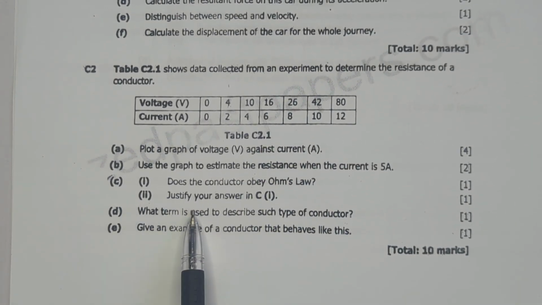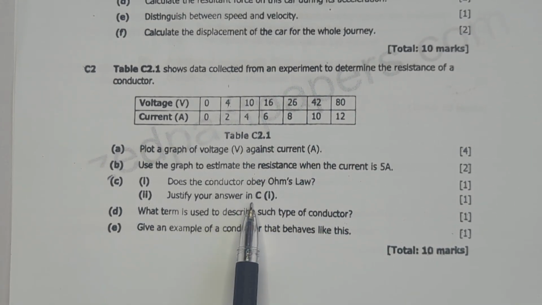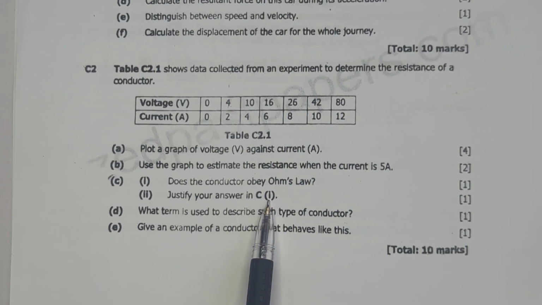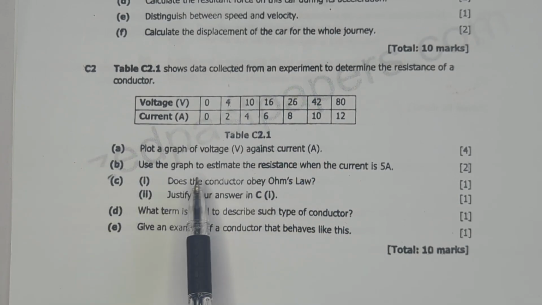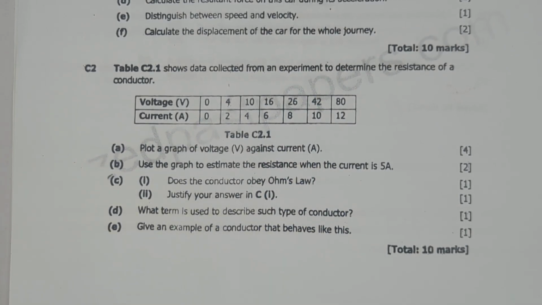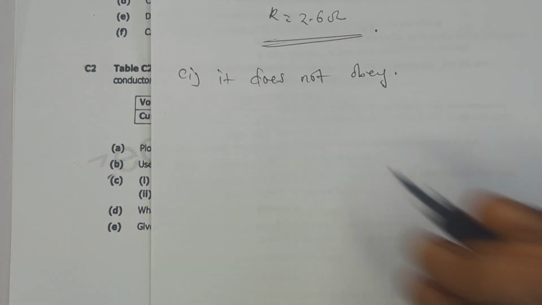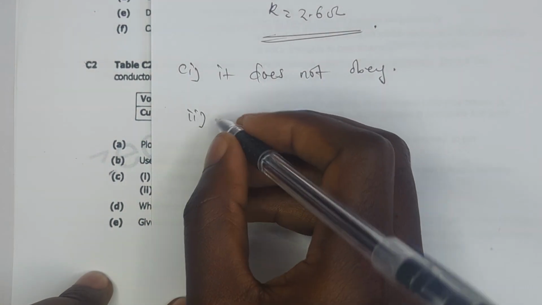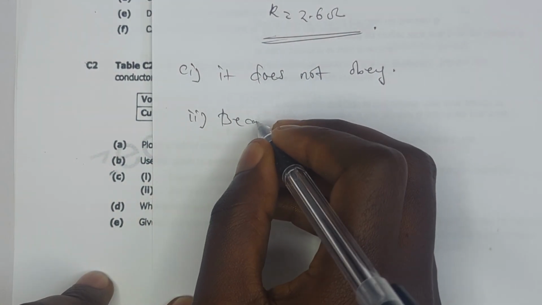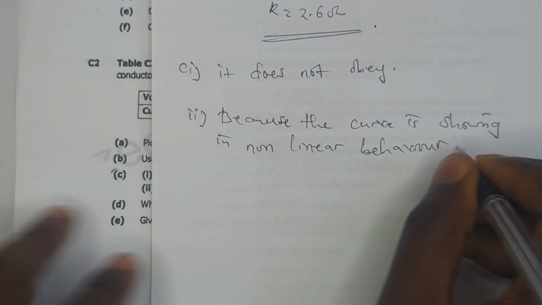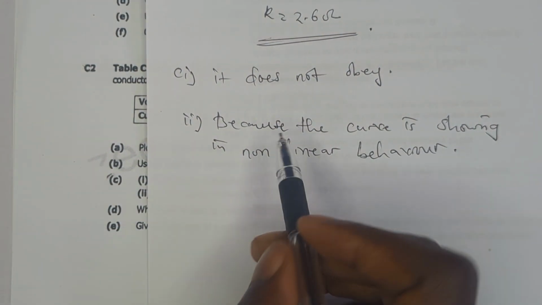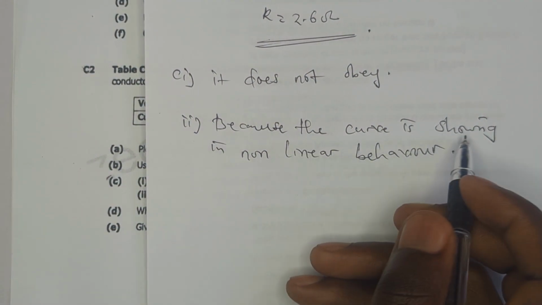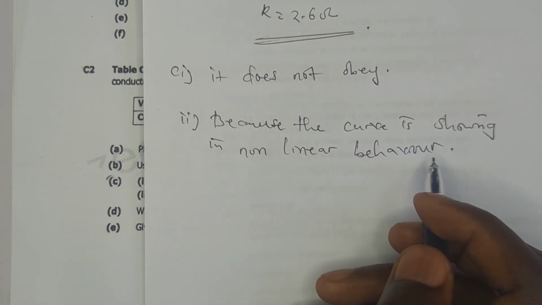C2, they are saying, justify your answer in C1. So since in C1 we are saying it does not obey, the reason is because the curve is showing in nonlinear form.